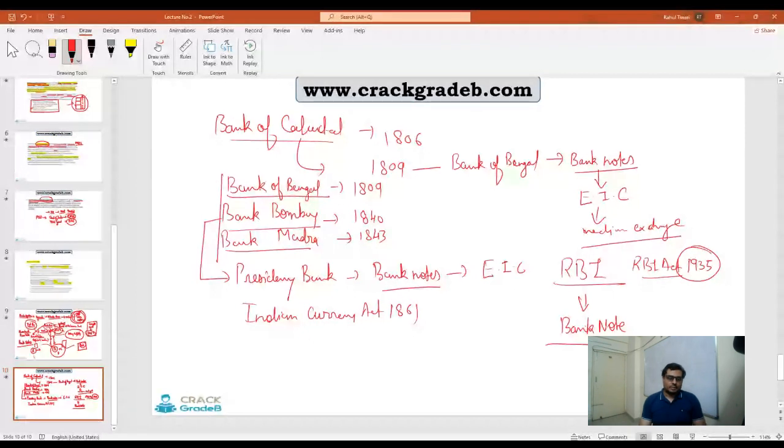So the point is, under the Indian Currency Act, the British India government took this power to issue currency notes on its own. Then what happened?